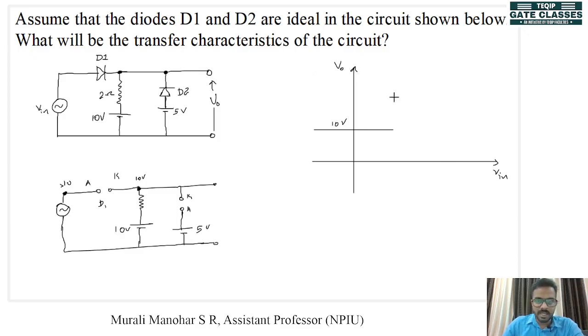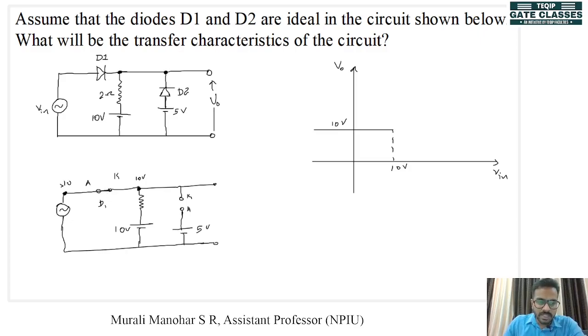Now let's say input has become 10 volt. Okay. So when input is now 10 volt, now what happens? The anode and cathode voltages of D1 are the same. That means a slight increase in input voltage can now turn on this diode. D2 is still reverse biased.